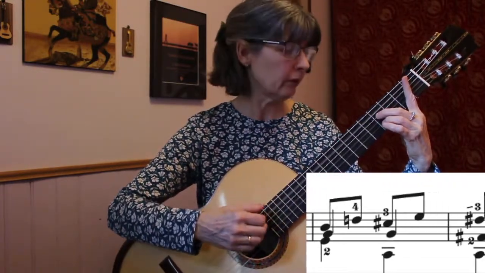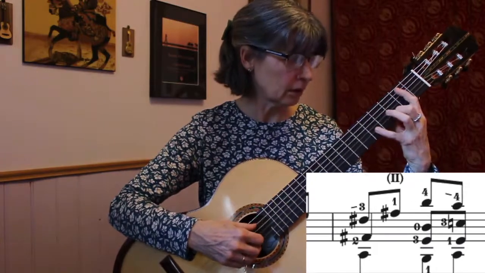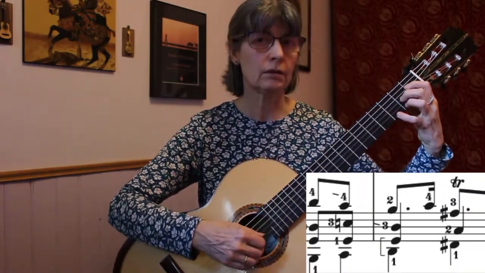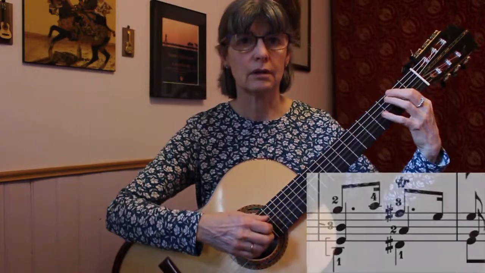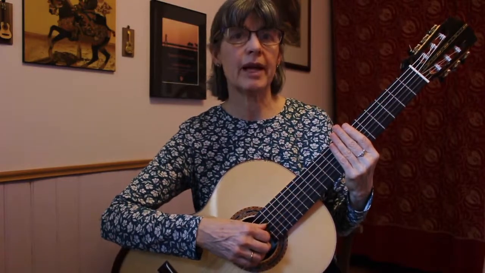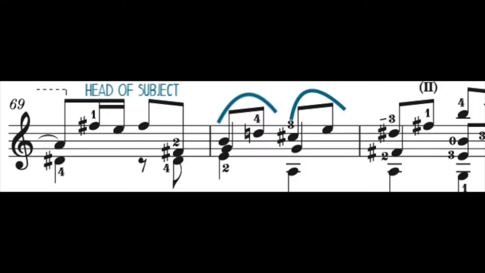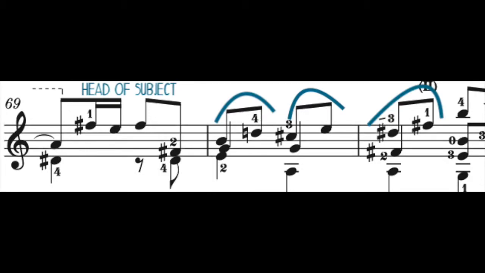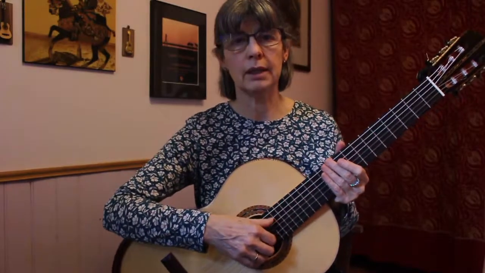And he's pushing it even farther than the cadence. So the last time that subject came in, instead of just having two parallel thirds, he's got three. And then we can cadence, so we're in E minor.